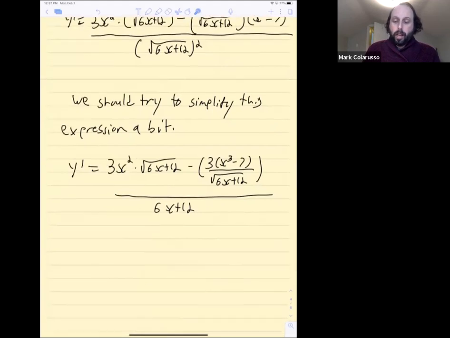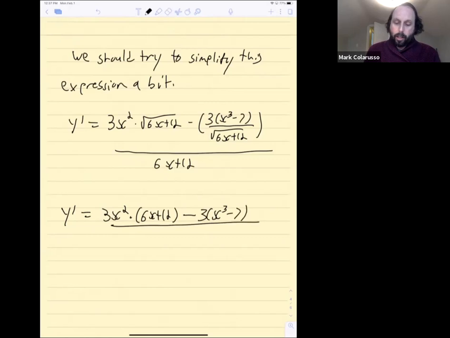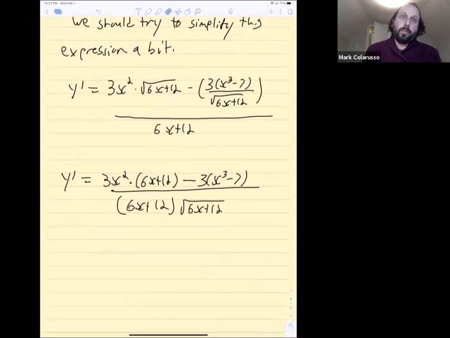And then when I do that, I can move this denominator down here and add the numerators. So this is 3x squared times 6x plus 12 minus 3 times x cubed minus 7, divided by 6x plus 12 times the root of 6x plus 12. And now we can actually simplify this a bit.